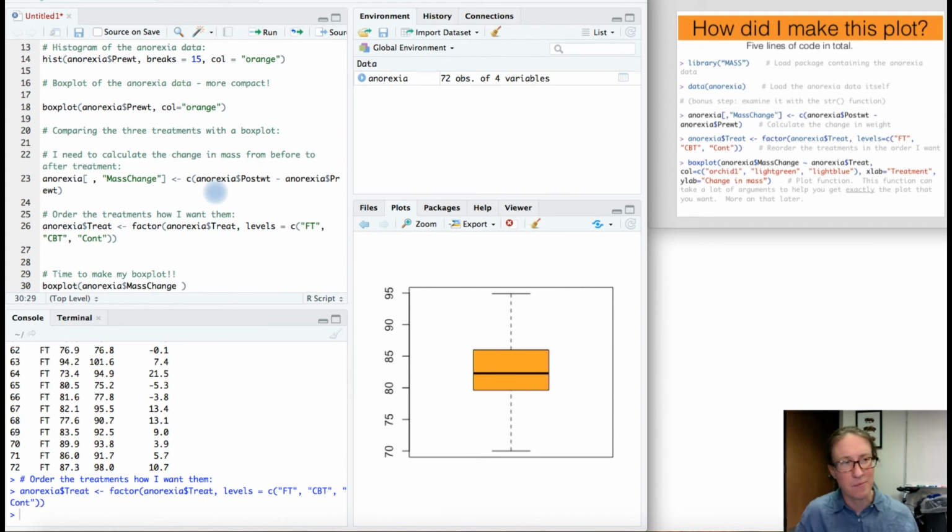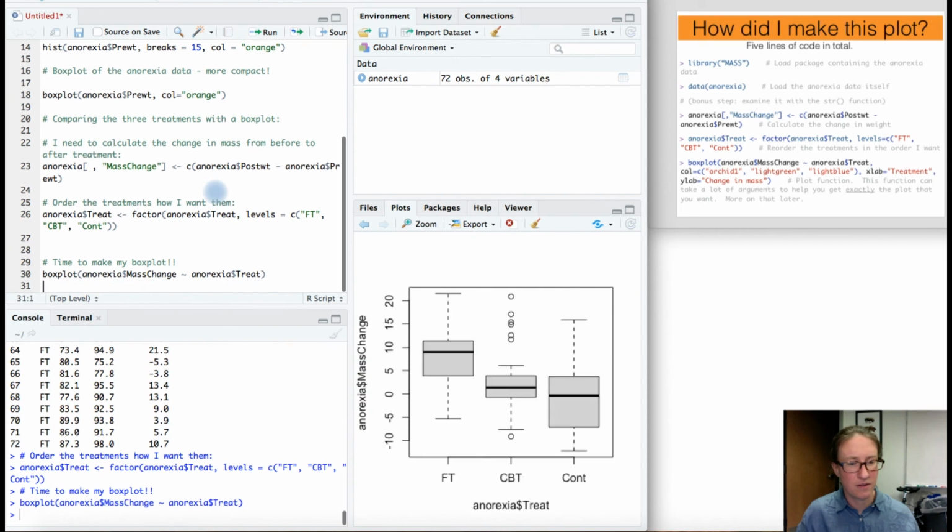So I'm going to basically be telling it y tilde x, and my x-axis is going to be the treatment. Let's see what happens if I just run this line of code. Okay, it's useful to run a minimal function and then start building it out, so that if something goes wrong, it's easier to catch where it's gone wrong.